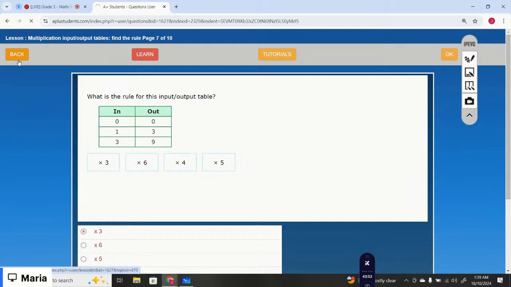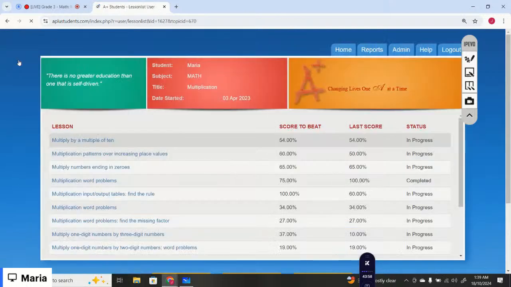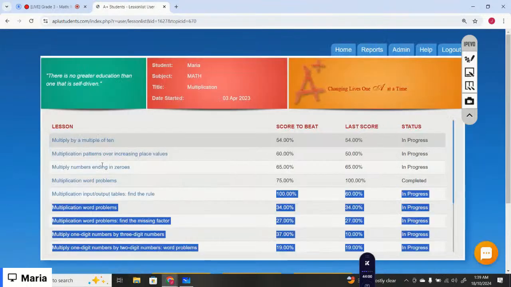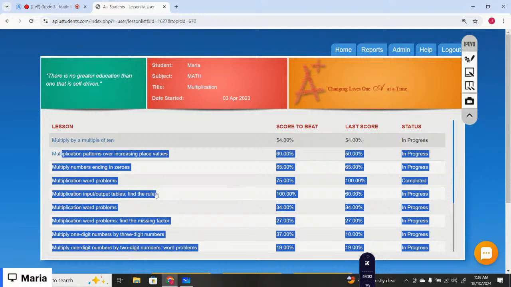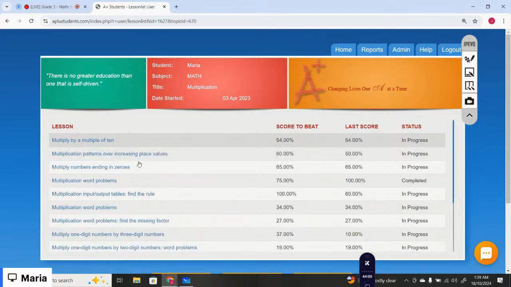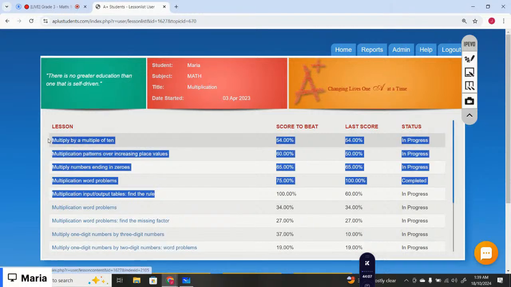So we were working on grade 3 math. The chapter we were working on is multiplication. The lessons we have covered today are multiply by a multiple of 10, multiplication patterns over increasing place value, multiply numbers ending in zeros, and multiplication input output tables, find the rules.